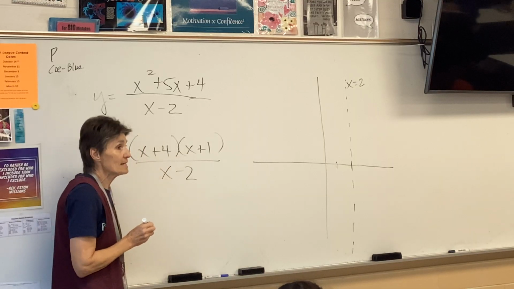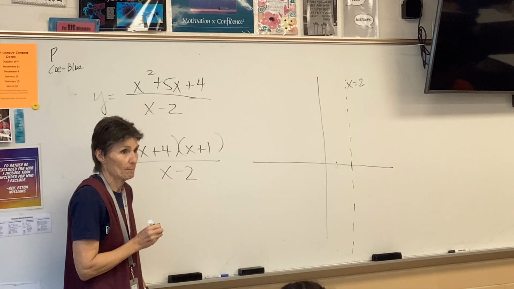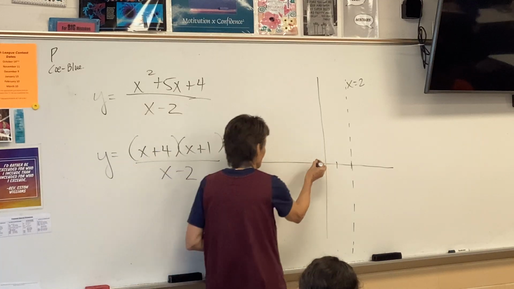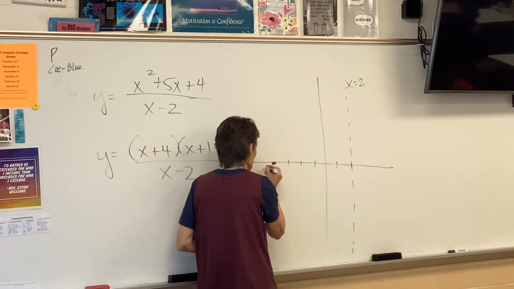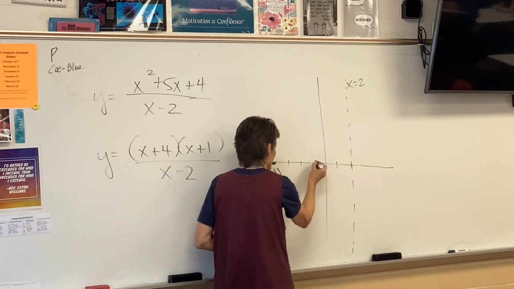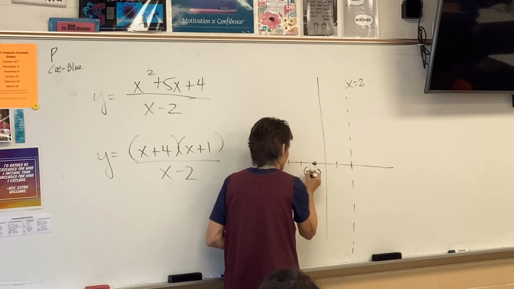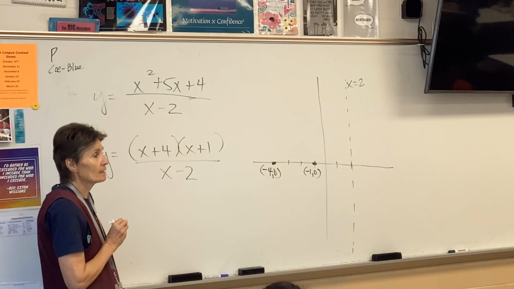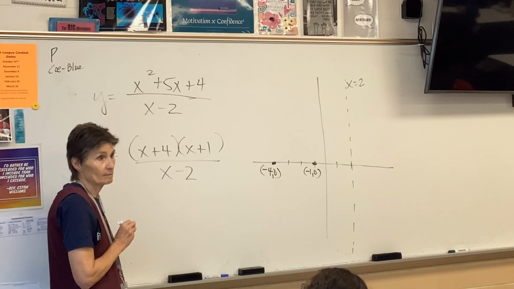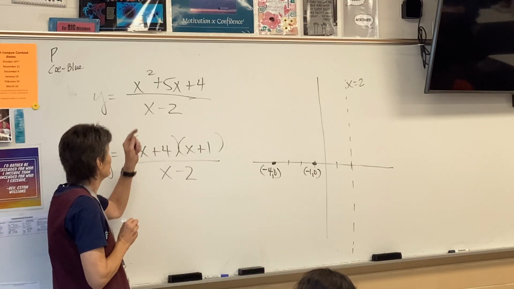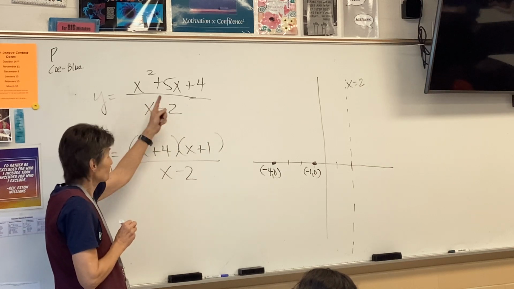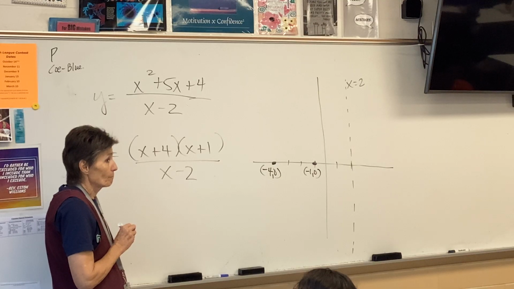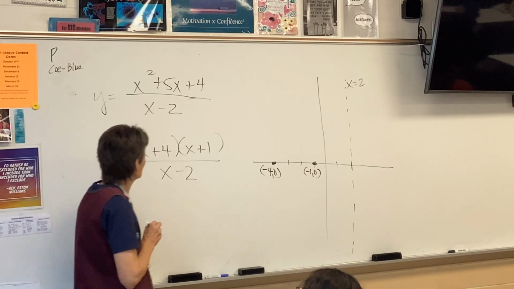Do we have any x-intercepts in the problem? -4 and -1, so we actually have 2 of them this time. Can I find a y-intercept? Plug in zeros. What do we get? -2.